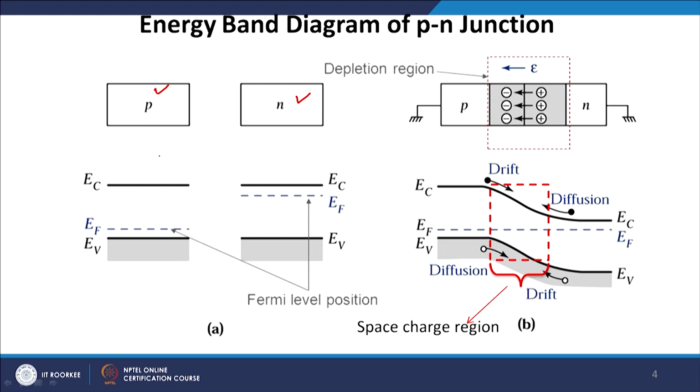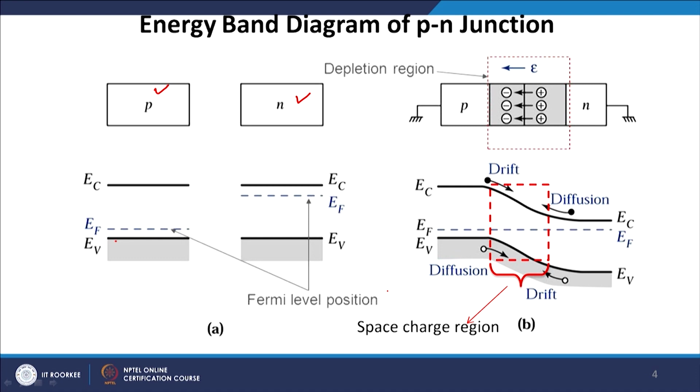For a p type semiconductor, this is the valence band and this is the conduction band, and as we know, since in p type semiconductor holes are the majority charge carriers, the Fermi level lies close to the valence band. In n type semiconductor, electrons are the mobile charge carriers, or the majority charge carriers. So, here the Fermi level lies close to the conduction band, and that is what we have drawn: the position of the Fermi level when p and n type semiconductors are isolated.